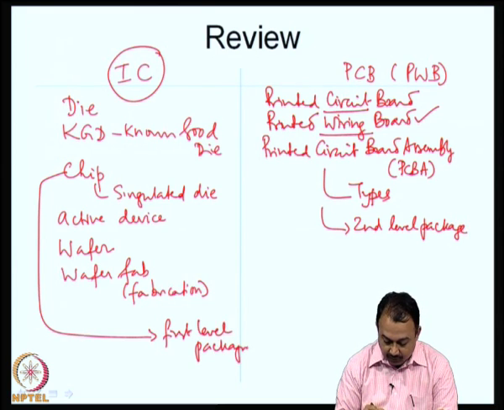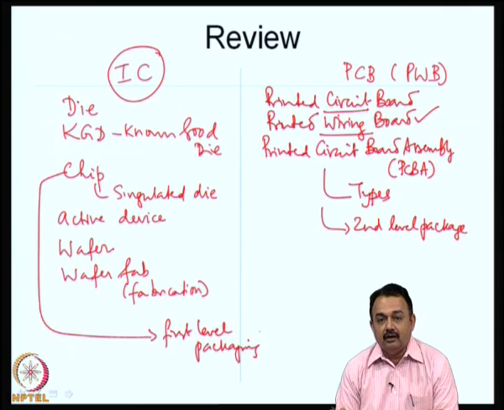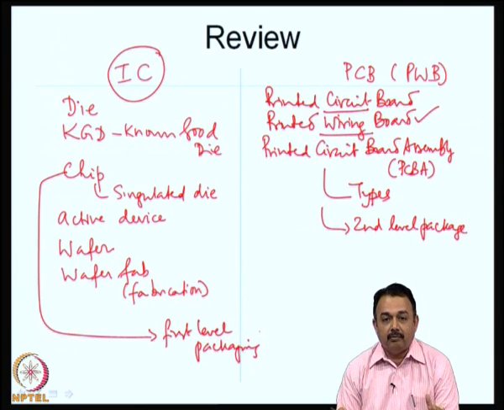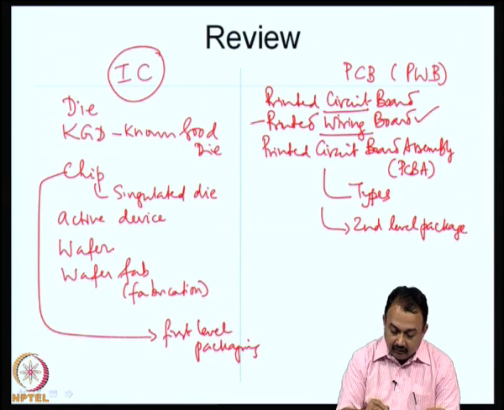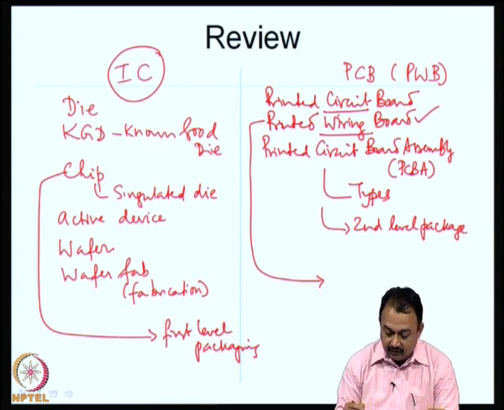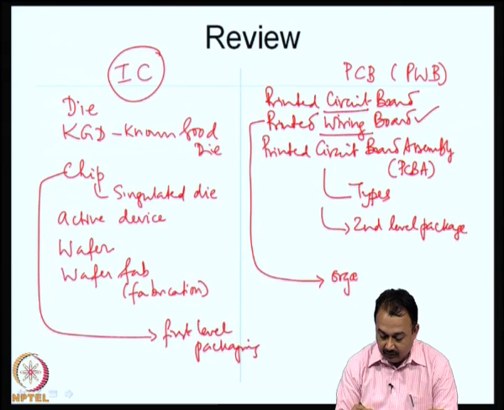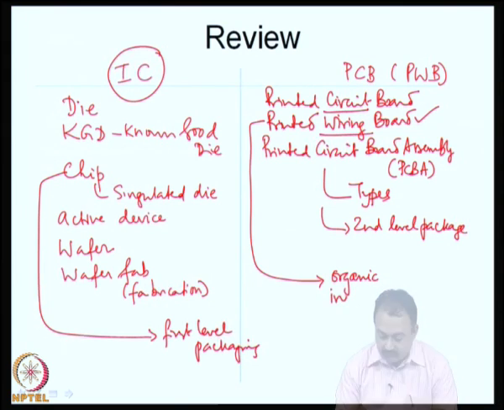So, now our focus is simultaneously on two levels, the first level packaging and the second level packaging. Then I might also use the terms called organic to denote a different type of a printed wiring board, and an inorganic substrate, typically a ceramic substrate, will be used. So, you will be slowly introduced into these type of terminologies from now on. Okay. You can also call this as plastic.